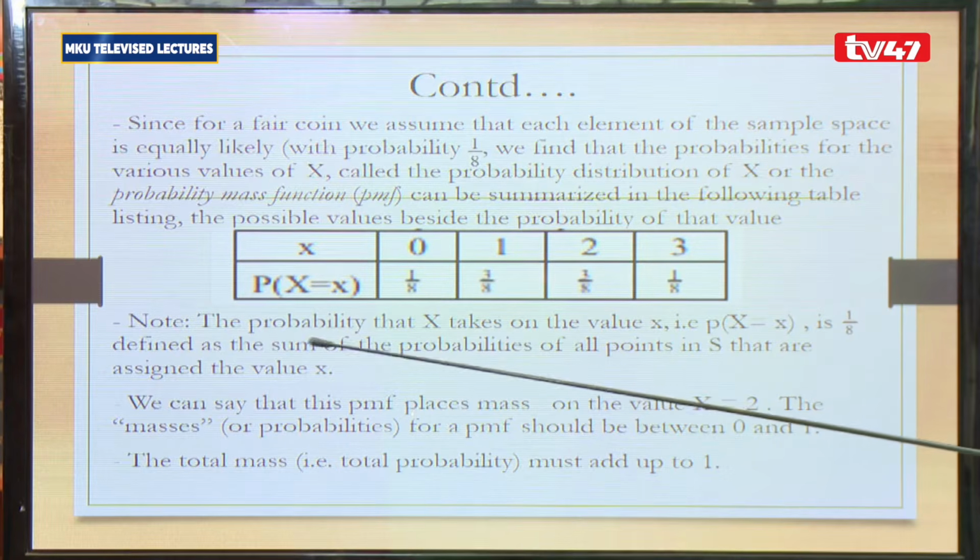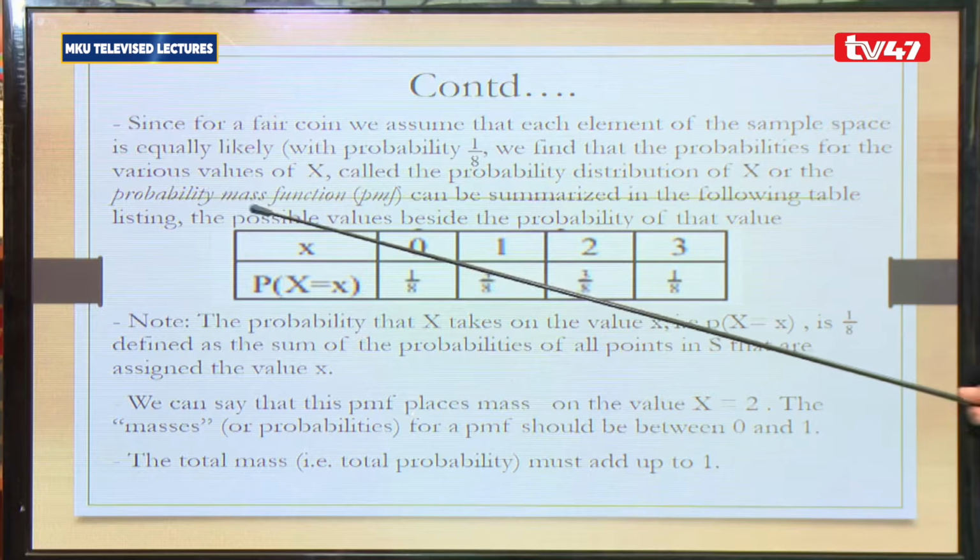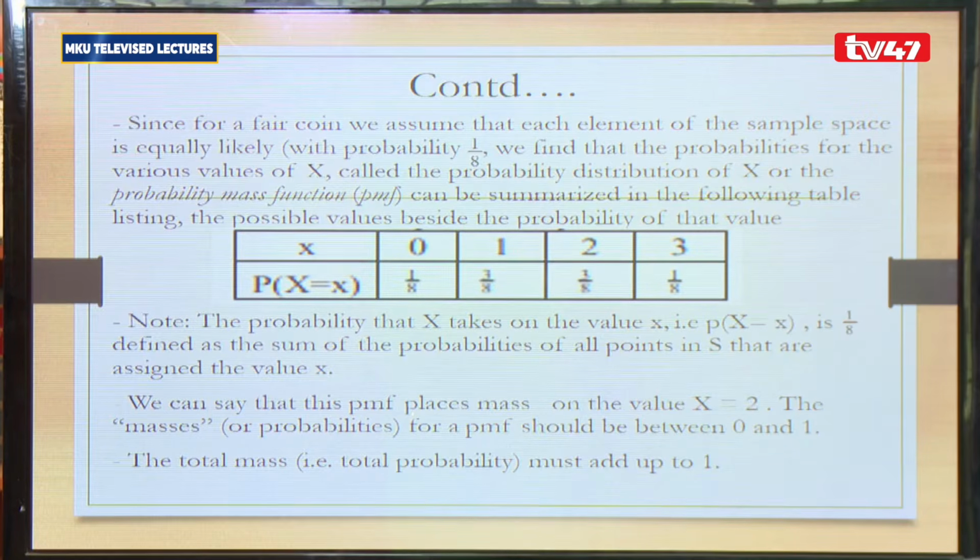And I'm saying that this table now makes a probability mass function because it can give us probabilities corresponding to these random variables. Note, PMF, probability mass function, is associated with discrete random variables.